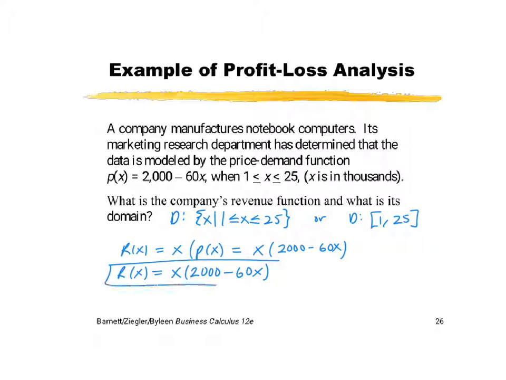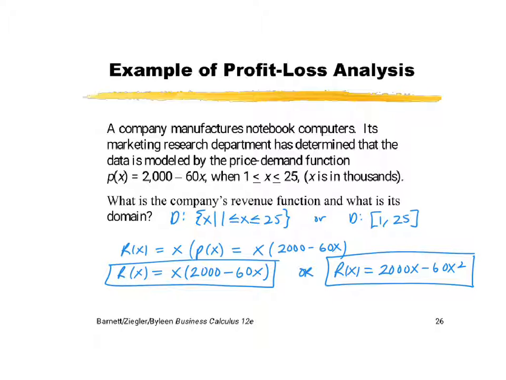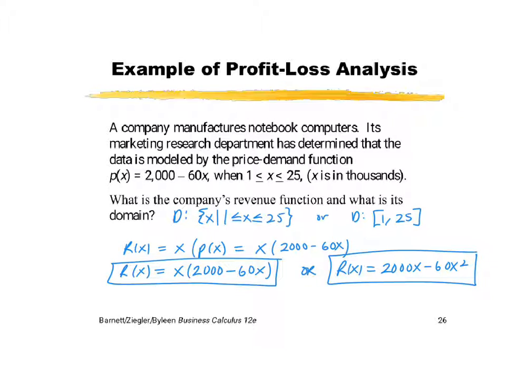Okay, so here's the revenue, or you can give the revenue as 2,000x minus 60x squared. So our revenue function is given in the boxes, and our domain is given by either this or this.